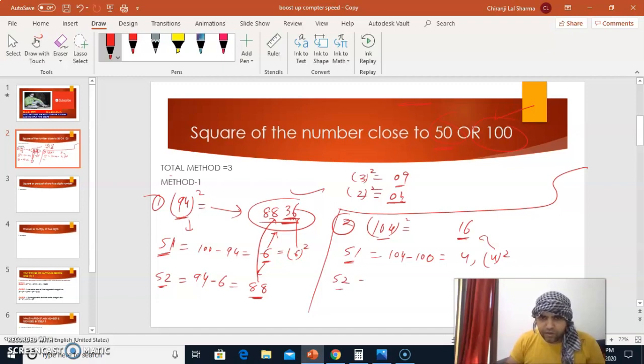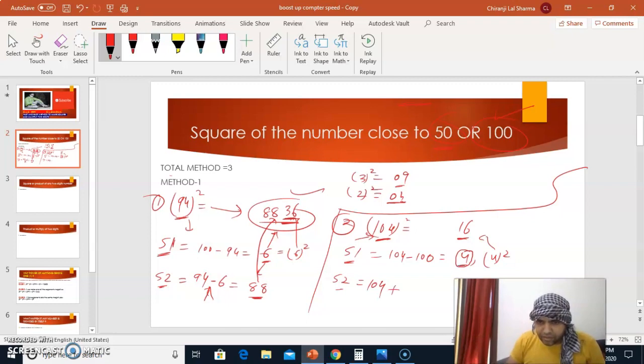In step 2, what will you do? You will just add. Here you subtract if it is less than 100. If the number is more than 100, then you have to add. So add this 4 to the given 104. So 104 was given and this 4 came after subtraction.